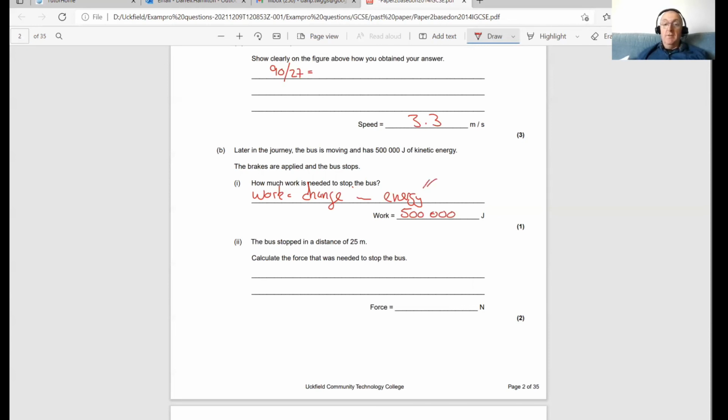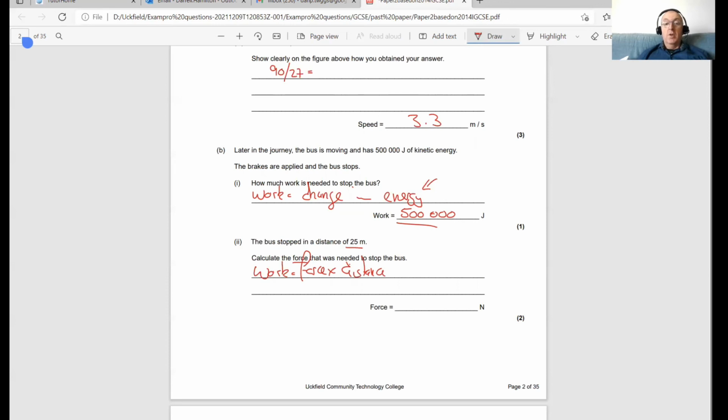So there's your key fact. The bus stopped in a distance of 25 meters. Calculate the force. This should say average force, but we'll go with force anyway. Now, you need to know that work, not only is it changing energy, it is also force times distance. I know that's what I need because I've got the work done. I've got the distance.